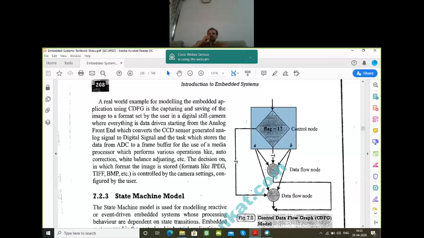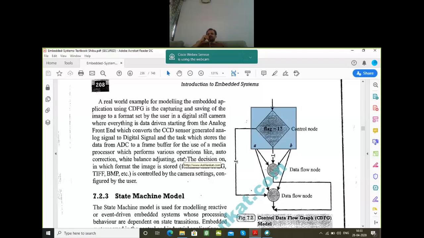Then you can use the CDFG, that is the control data flow graph, for this purpose. You know that when you capture an image from the camera, whatever analog image is there is captured by the analog front end.